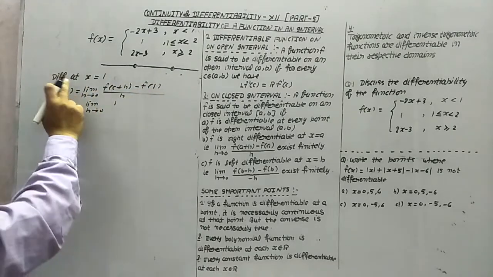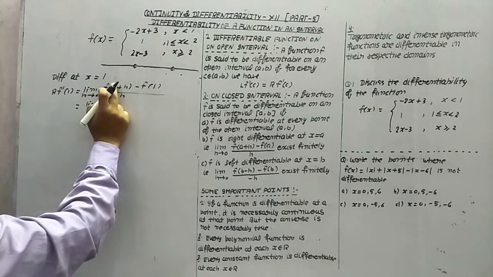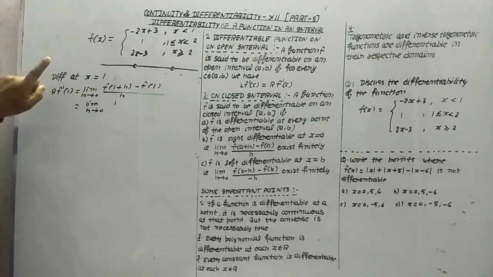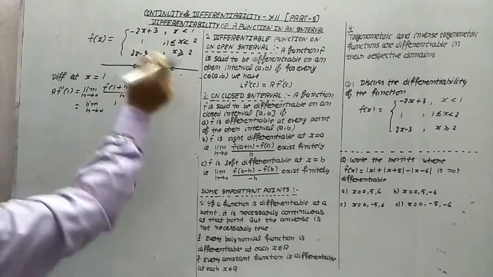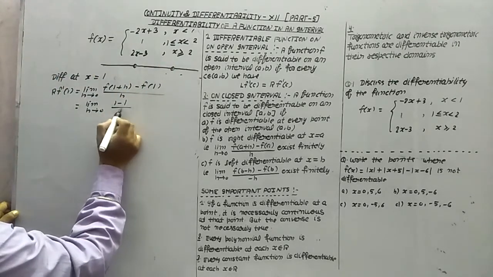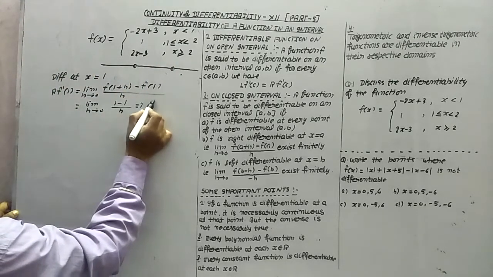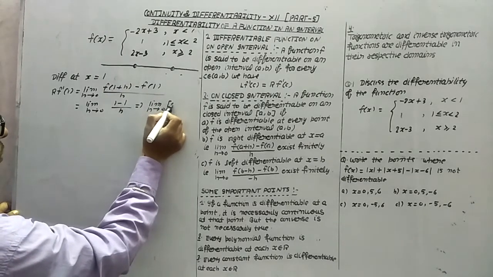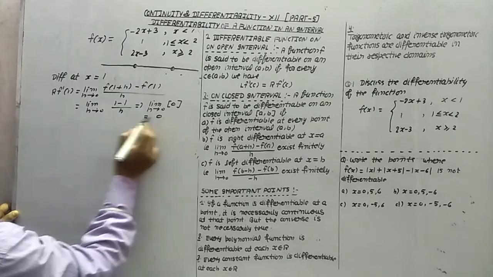So this is 1 minus 1 upon h, which is limit h tends to 0 of 0, that is, we have 0 only.